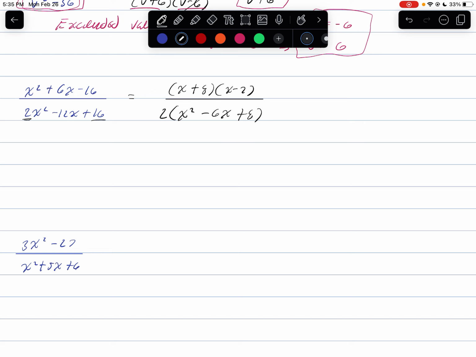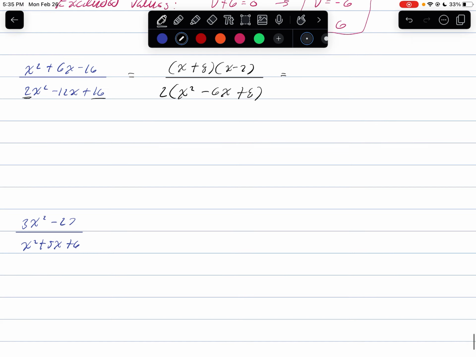Now if we want to try to factor the denominator, we want to find two numbers that multiply together to give us 8 and add to give us negative 6. I'm thinking negative 4 and negative 2. If you multiply negative 4 times negative 2, you'll get positive 8. And negative 4 plus negative 2 gives you negative 6. So we can actually write the denominator here as 2 times x minus 4 times x minus 2.